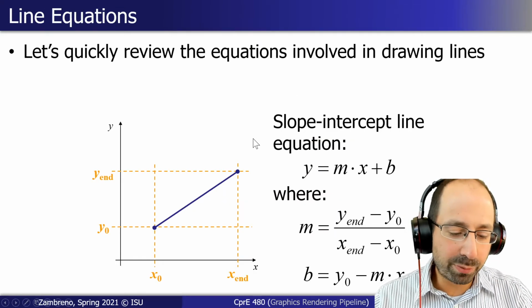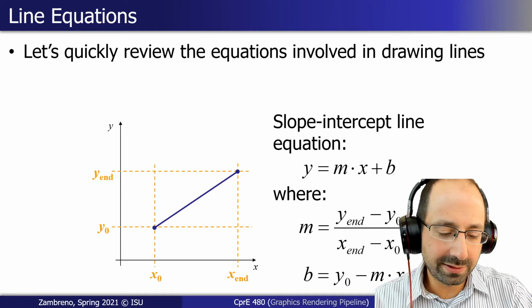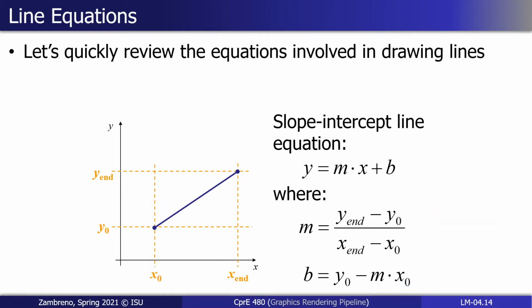So a very brief review of 6th grade math. I don't know, whatever grade this is. There are lots of ways we can represent a line. The most basic, very fundamental way is the so-called slope-intercept form of the equation, your y = mx + b. If you don't remember that, that's okay.